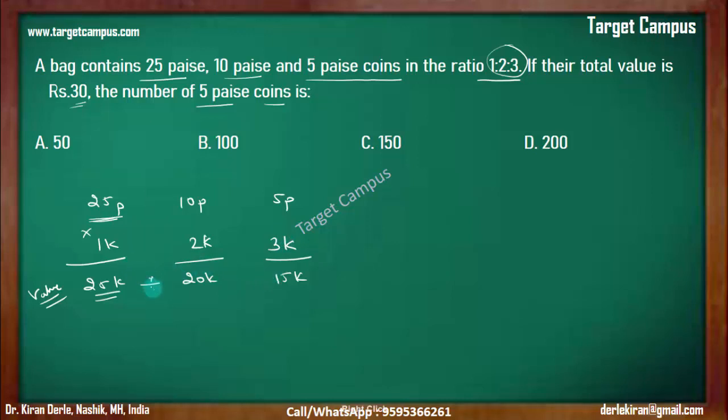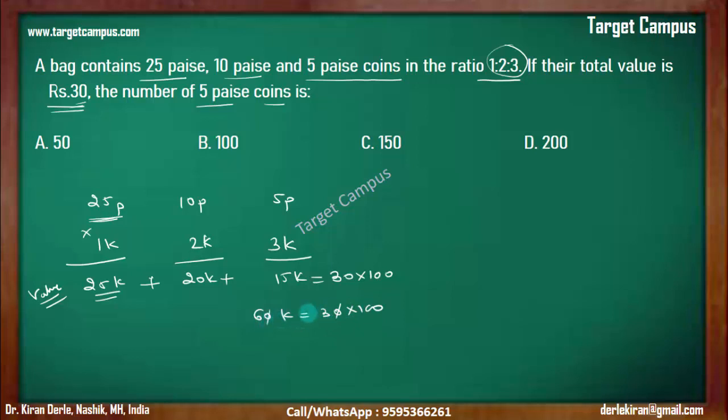We want the total value to be 30 rupees. In terms of paise, this is 3000 paise, right? So adding 25 plus 20 plus 15, that is 60k. 60k is equal to 30 into 100.